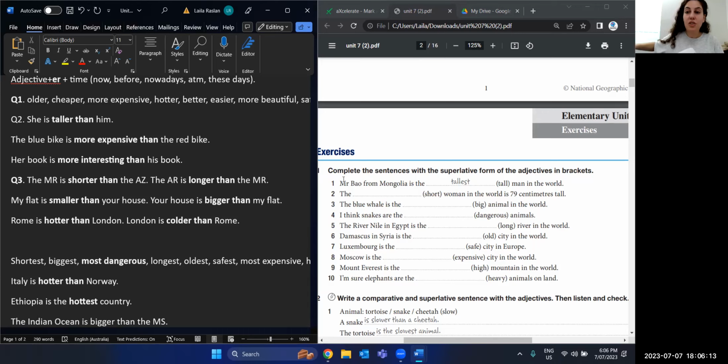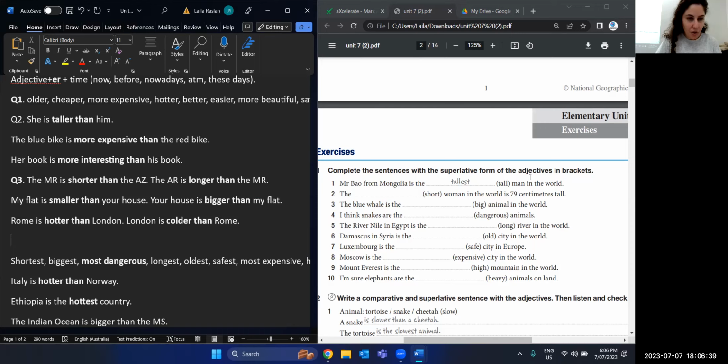I'm now comparing to the whole world, to everyone, to many, many people. So I need to say tallest, not taller. Tall is an adjective. If I want, I can use taller, but I want to say tallest because I want to compare him to many people.